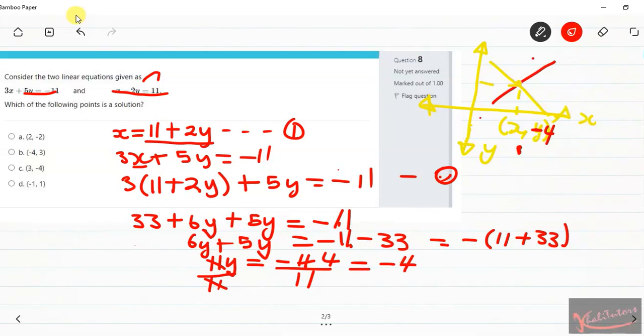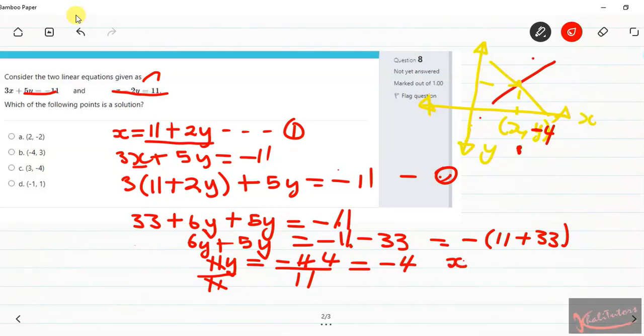Once you have your y, you can solve for x. Remember, we do have an expression for x. You can use this one or this one, it doesn't really matter. They both give you the same answer. So we're going to take this minus 4 and substitute it in equation 1.